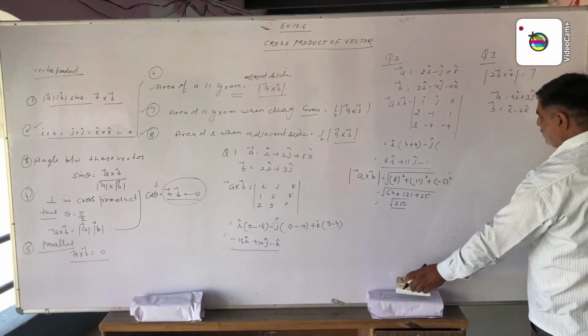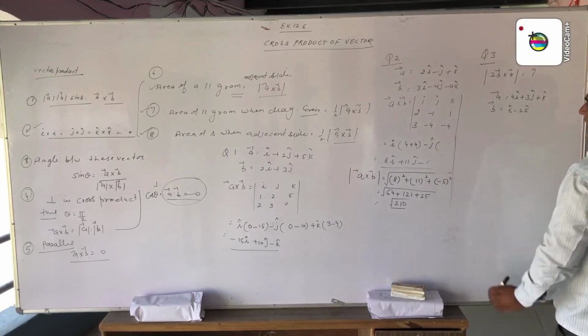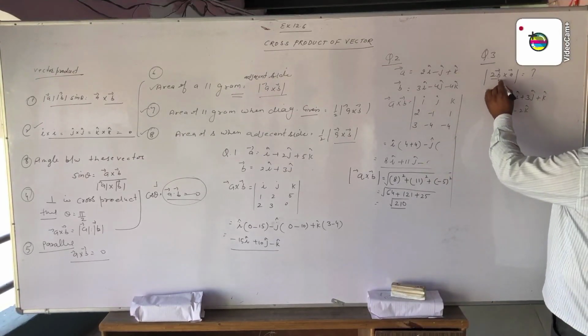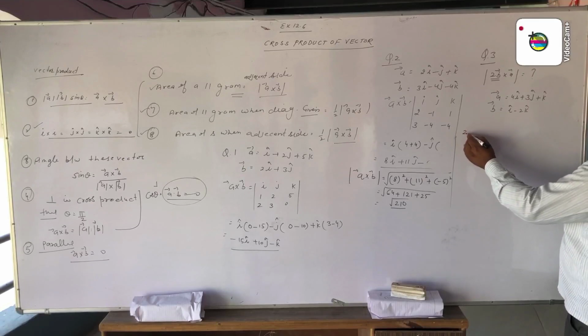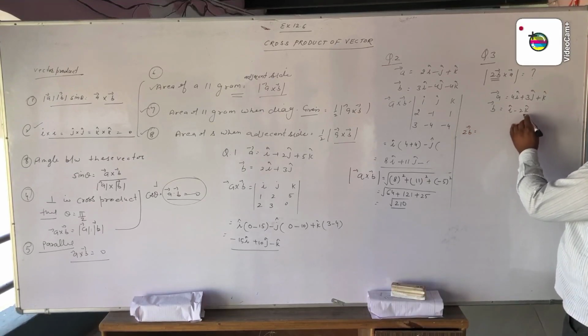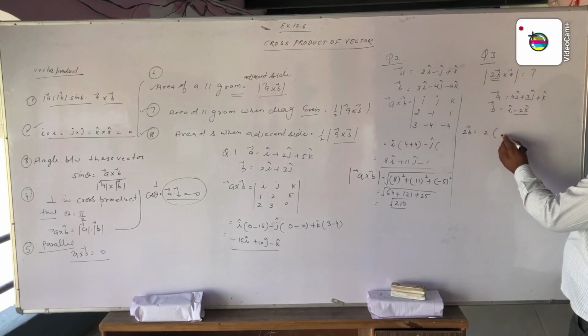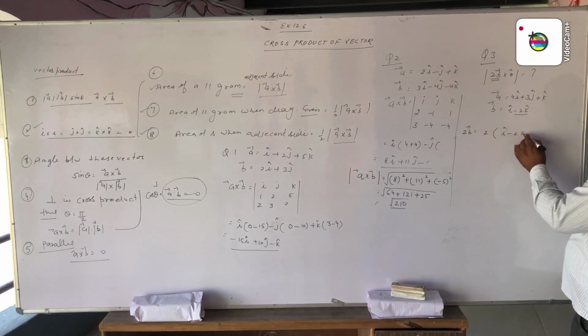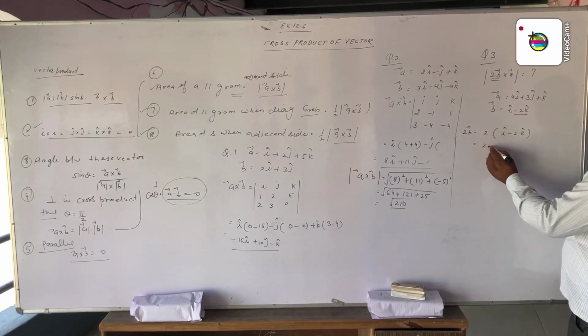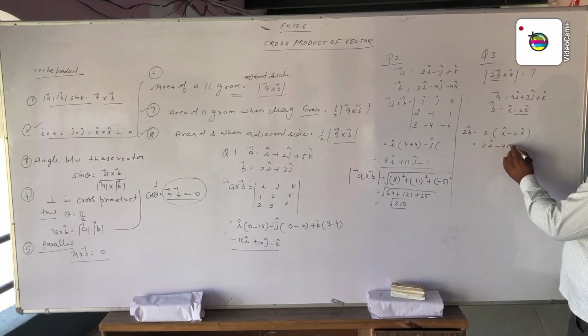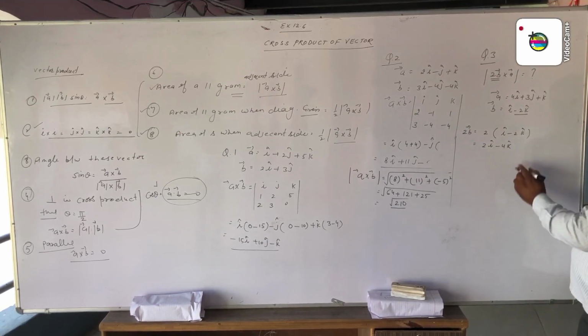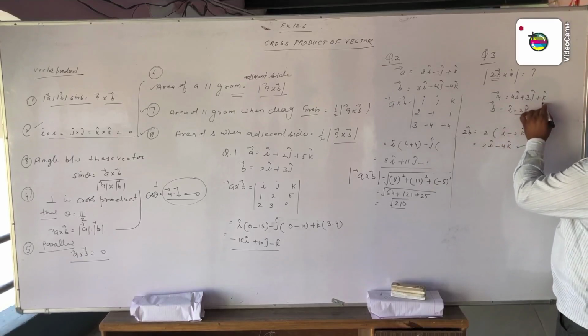In this, we have to remember that we find the 2b vector: we multiply the b vector by scalar 2. So we multiply 2 into i minus 2k. Then this is 2i minus 4k. This is the 2b vector, and vector A is given by this.